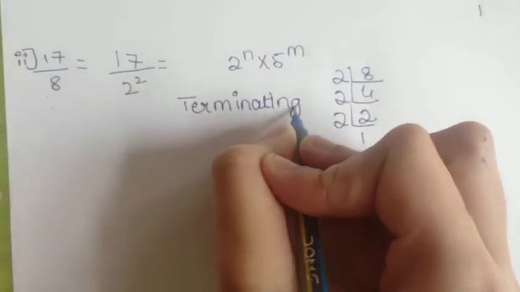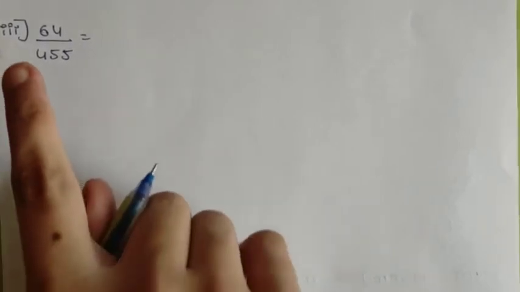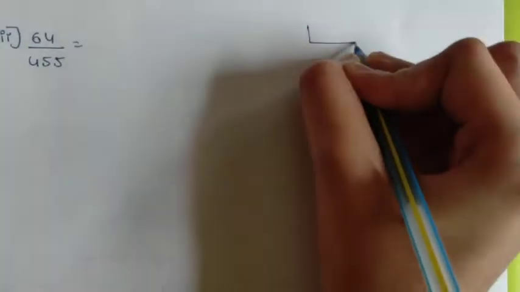Okay, I think you are understanding the sums. So here we have the third question, that is 64 divided by 455. Now this number is also in the form p by q, and let's see the prime factorization of q. So here q is 455.